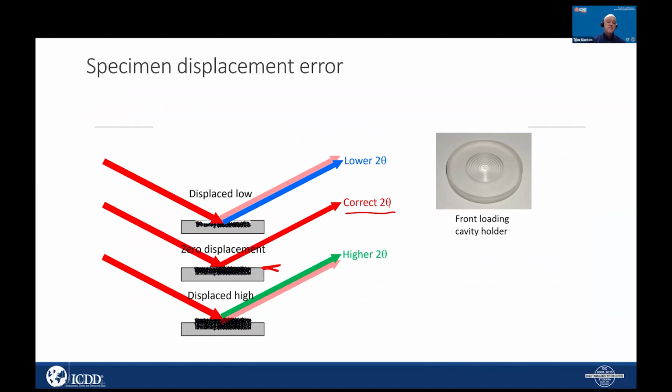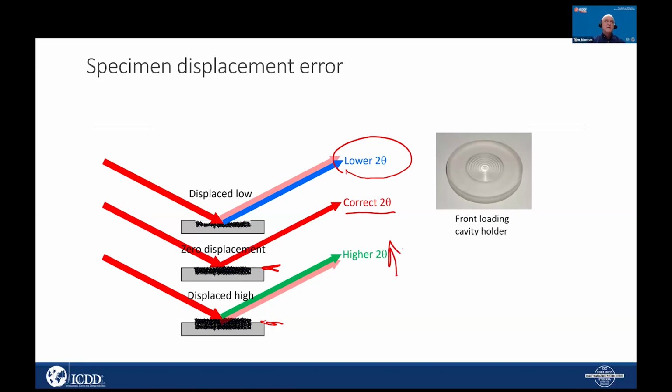But if your sample or specimen is displaced low relative to the sample plane, this is very similar to your transparency issue. You'll see the peak shift to lower 2 theta. If you're displaced high, meaning you have too much sample in the sample holder and it's mounted above the sample plane, you will see your peak shift to a higher 2 theta.